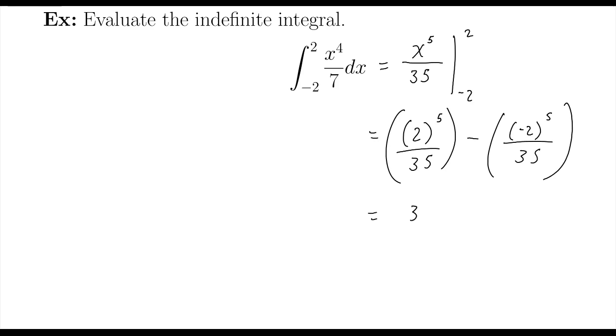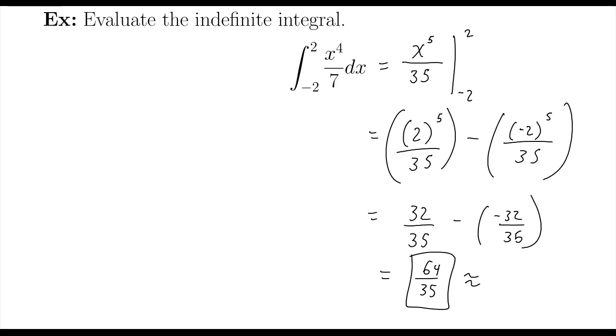That's 32 over 35 minus negative 32 over 35. Of course, the two minuses make it a plus, so that's 64 over 35. If I divided that out, the fraction here is better because you have to round the decimal here, 1.829.